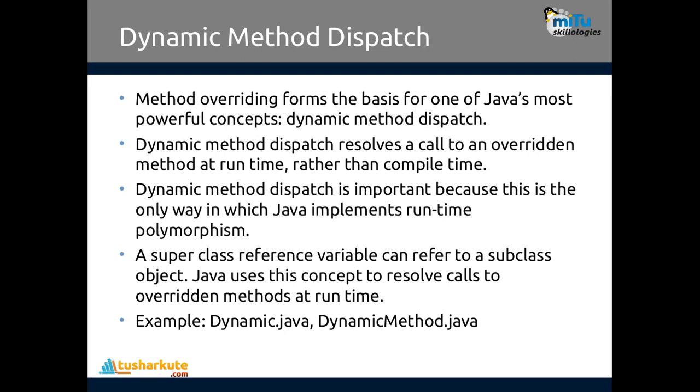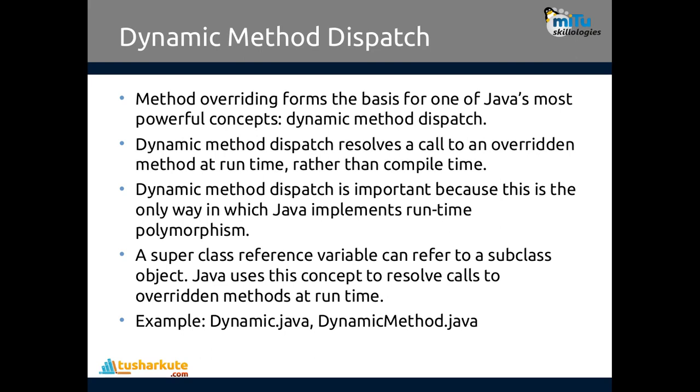How is it achieved? The method overriding concept is extended in Java, and this terminology is called dynamic method dispatch. Method overriding forms the basis for one of Java's most powerful concepts, called dynamic method dispatch. Dynamic method dispatch resolves a call to an overridden method at runtime rather than compile time.